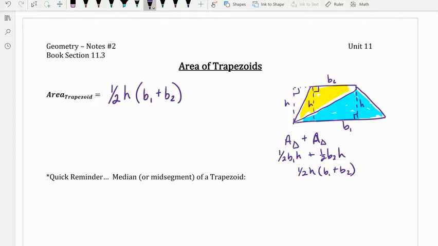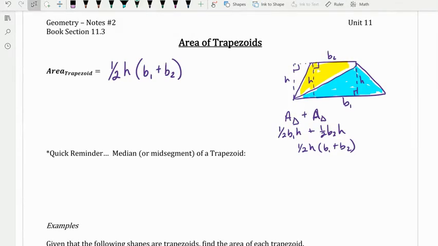Okay, one other quick reminder with trapezoids. Back several units ago, back in first semester, we talked about the median or the midsegment of a trapezoid. So if I'm looking at a trapezoid, remember that my median is, let me do a different color here.